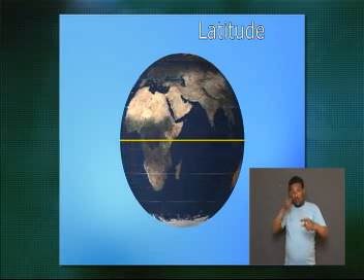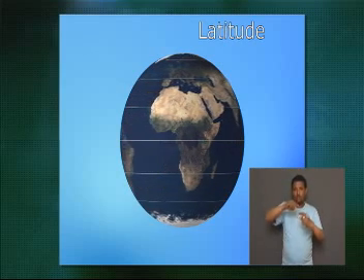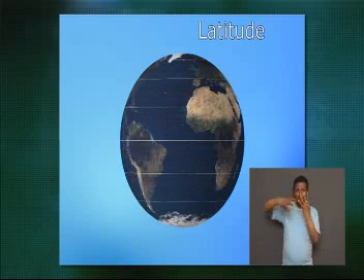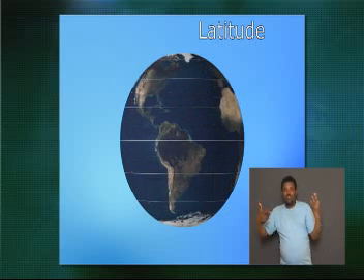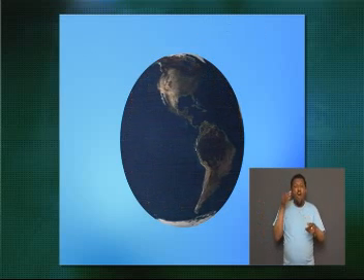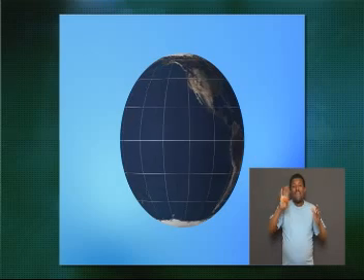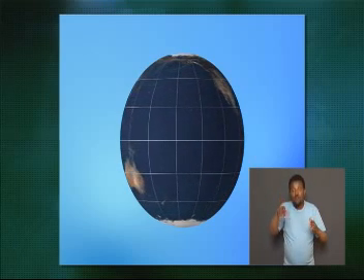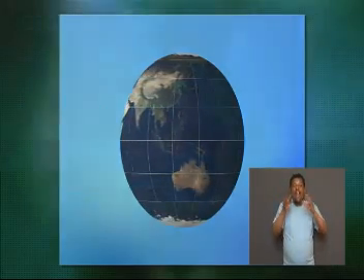Each meridian is perpendicular to all circles of latitude, and the position of a point along the meridian is given by its intersection with a circle of latitude. Globes and maps differ from one another in the kinds of information they portray and in how they portray it.